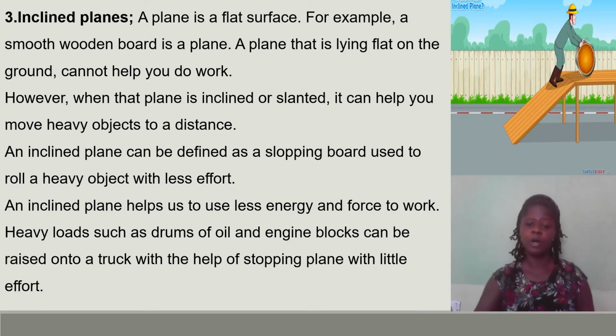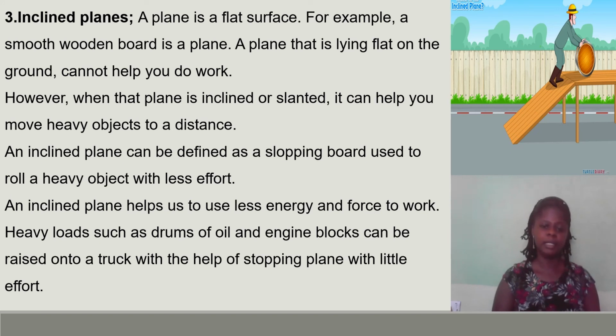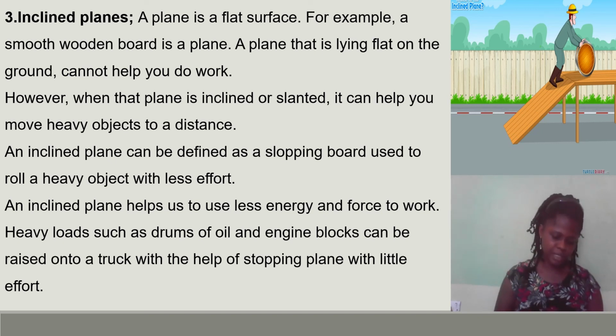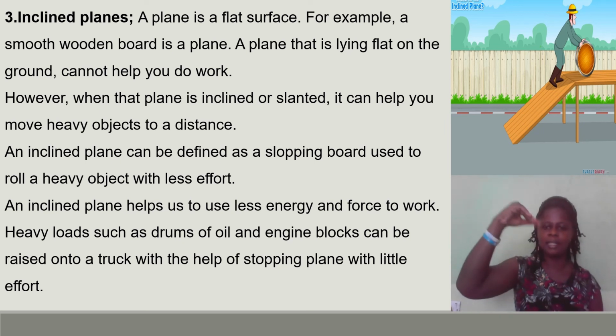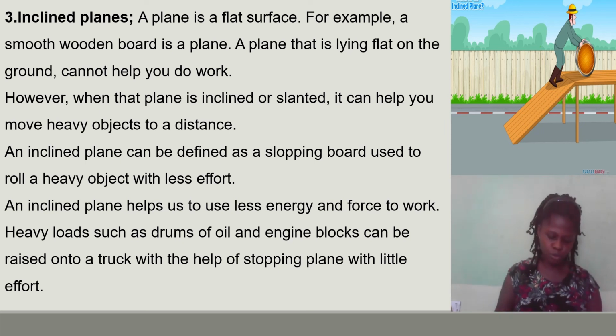Now the last one is the inclined plane. An inclined plane is basically a flat surface. For example, a smooth wooden board is a plane. A plane that is lying flat on the ground cannot help to do work. However, when the plane is inclined or slanted, it can help to do work.